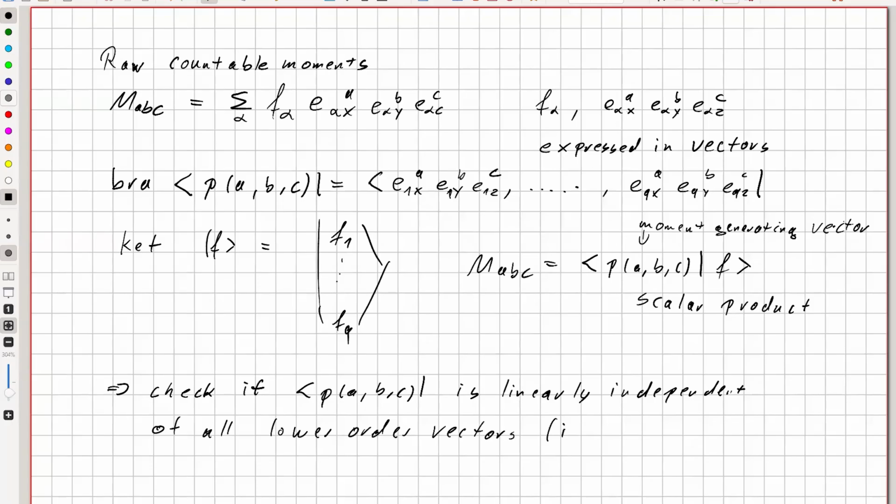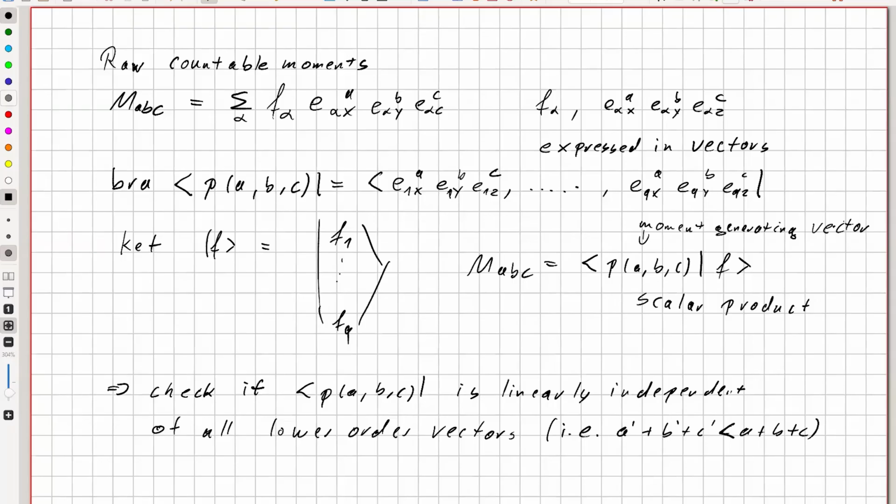What do we mean with lower order vectors? This means a' plus b' plus c' is smaller than a plus b plus c. So this is how we compare. If the sum of the indices is smaller, then it's the lower order.